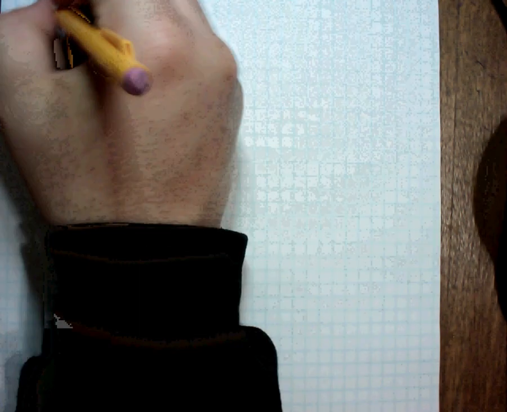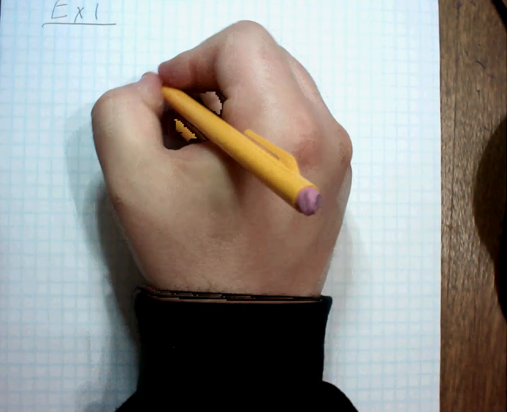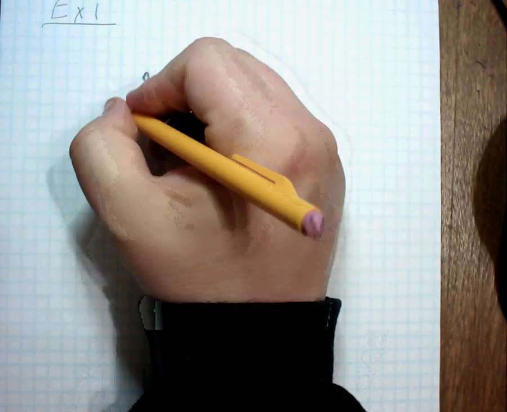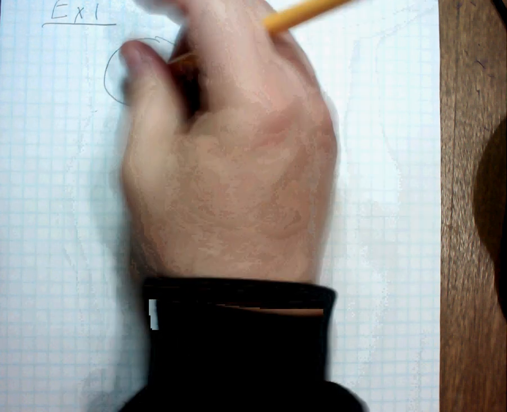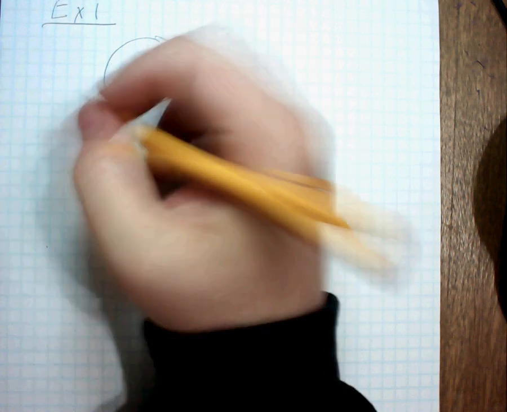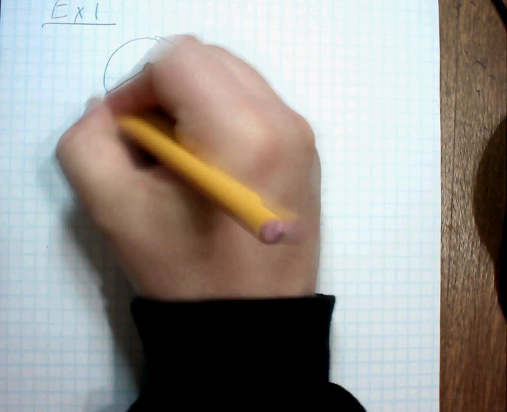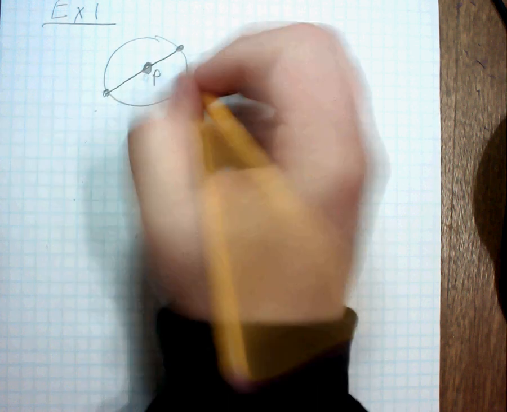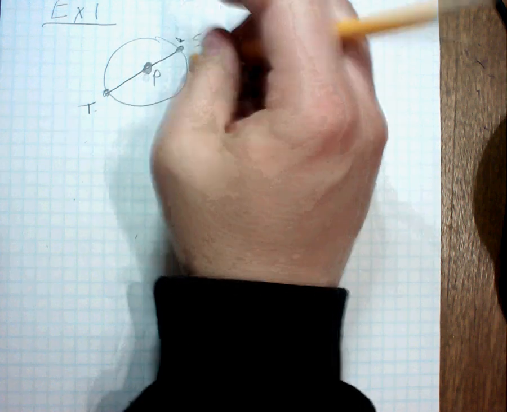So for example number 1, we have a circle whose center is not necessarily in the center. And then a diameter. So this circle is P, this point is T, this point is R, whoops.